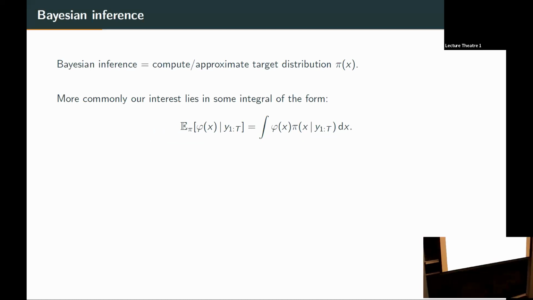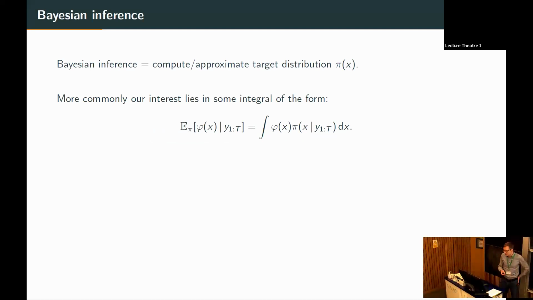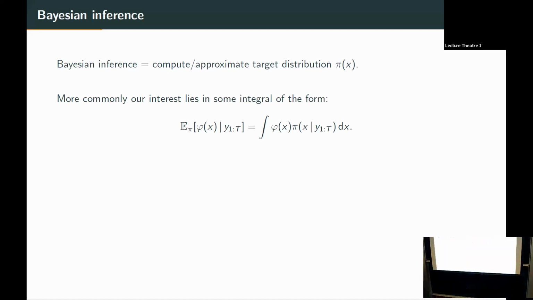And to present this in slightly more general terms, we will just assume that we have some target distribution pi of x that we're interested in approximating or sampling from, and more specifically, we can think about approximating pi by approximating some expected values of some test function phi with respect to this distribution pi. That's a typo. Don't worry about that much. Just an expected value with respect to pi.